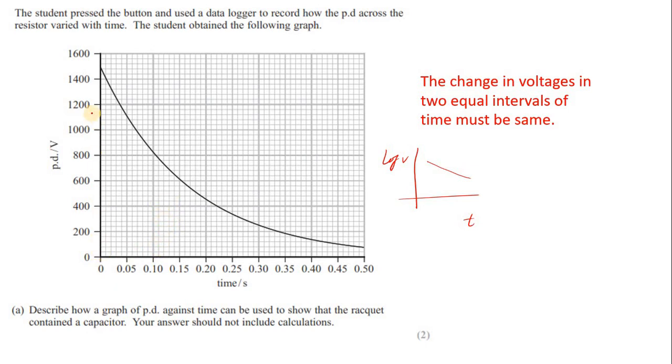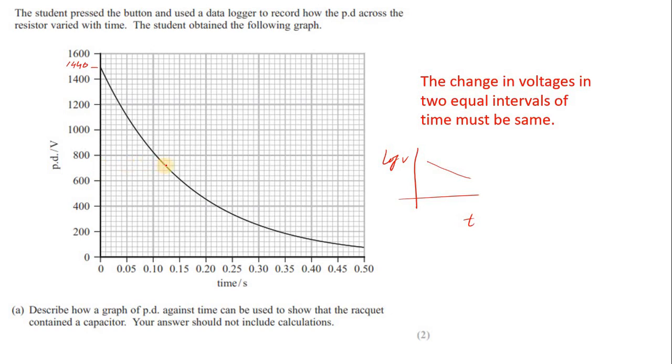So if you see that this is around 1440, I'm just taking 1440, or I can take 1500 as well. So 1440 if I choose, and half of it is 720.